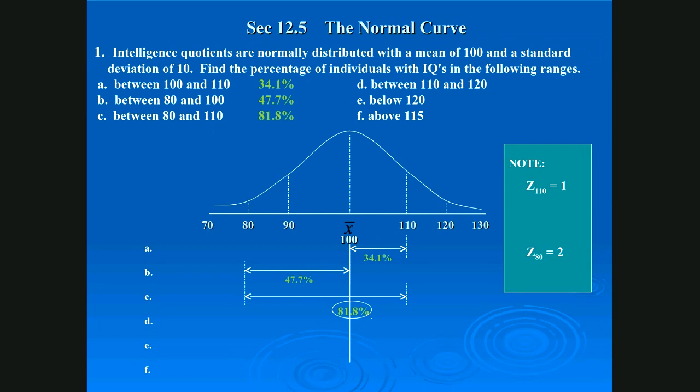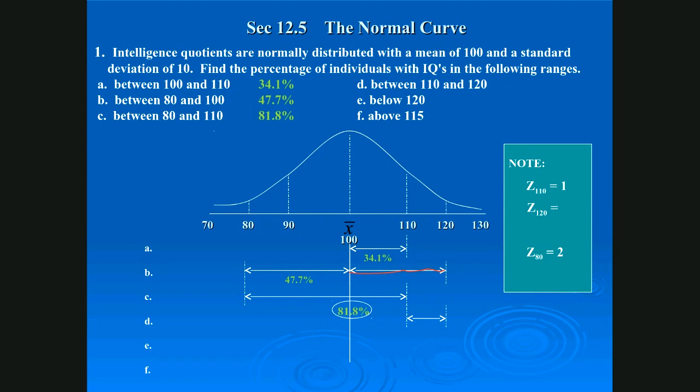Okay, in example D, we want to find the percentage of people who have IQ scores between 110 and 120. Well, to do this, we need to find the percentage of individuals who have a score between 100 and 120.